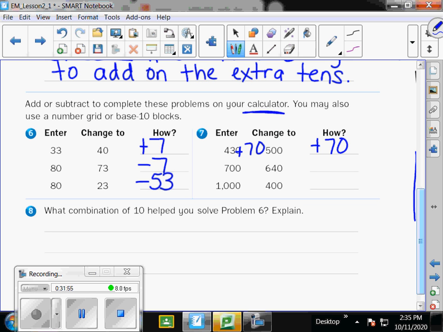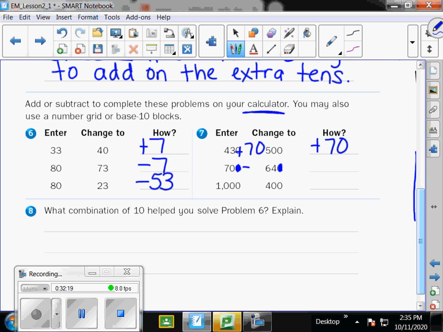All right, now to go from 700 to 640, I know I'm going to subtract, right? And so think of what, let's take off the extra 0. What would it be to get from 70 to 64? If I got a 0 in both problems, guys, I can take off both of those zeros, okay?